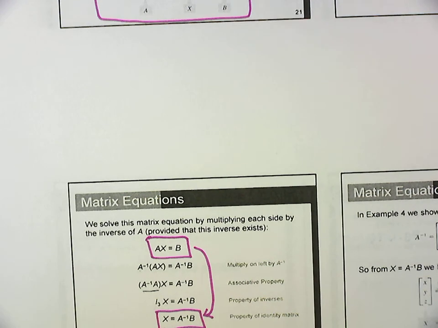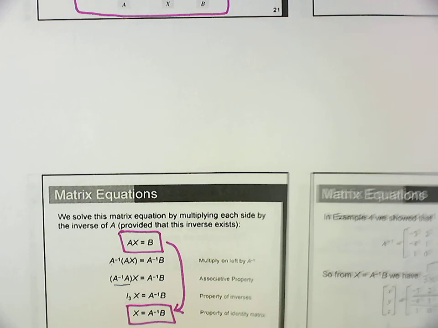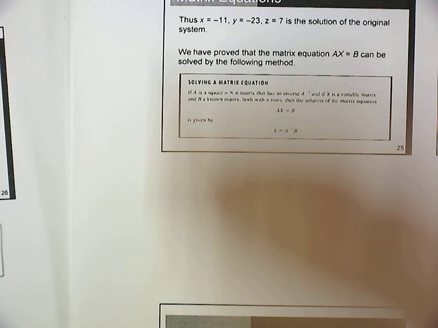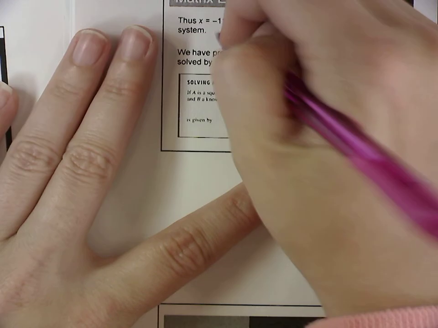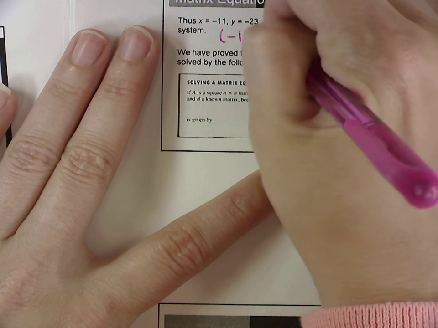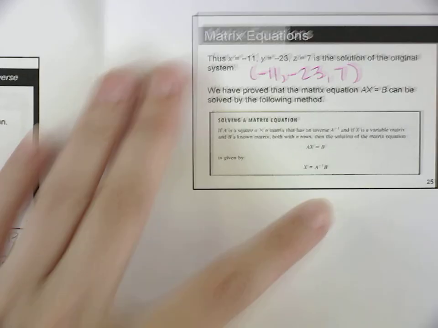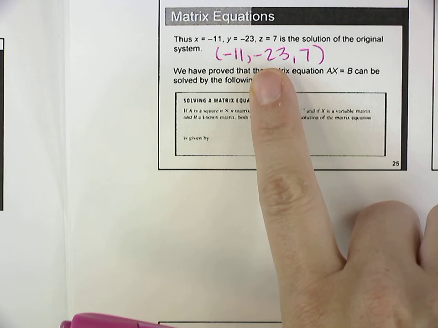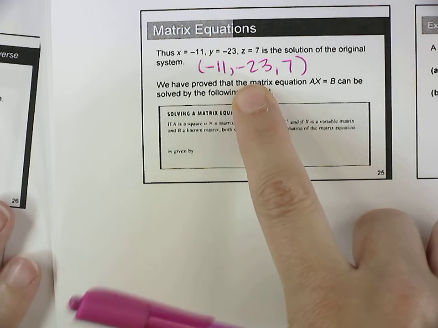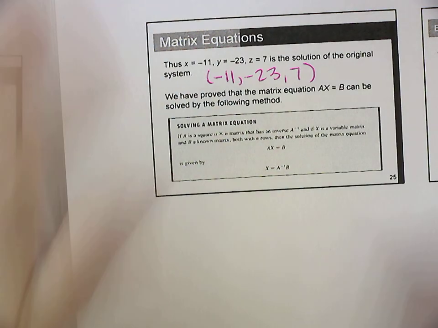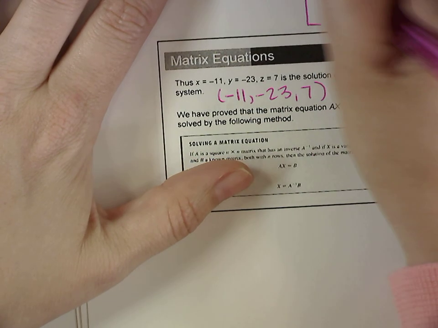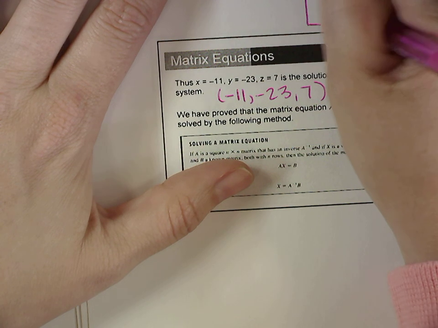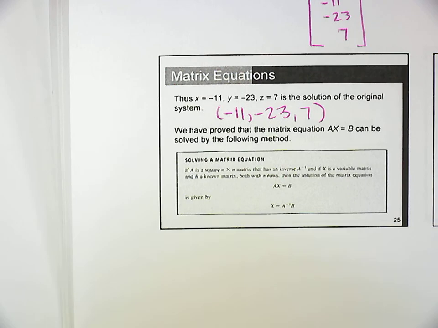Okay, and then we are going to flip over to the next one. For your matrix equations, our solution of the original system was -11, -23, 7. This is how we wrote this at the beginning of our chapter. When you're doing the matrix equation, you can just write your solution as the column -11, -23, 7.